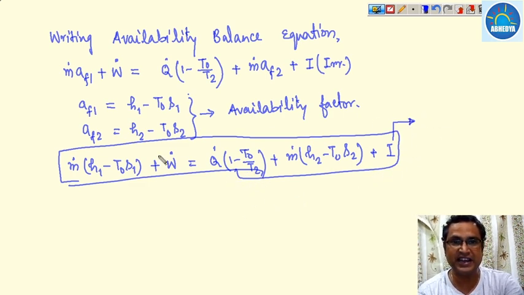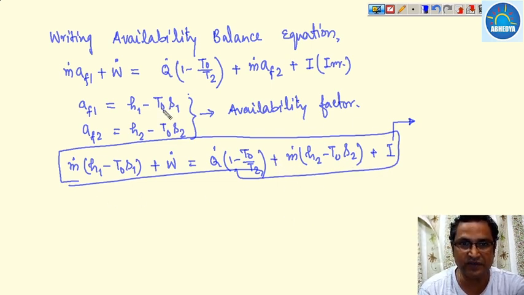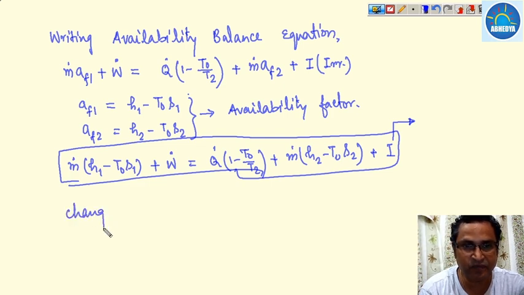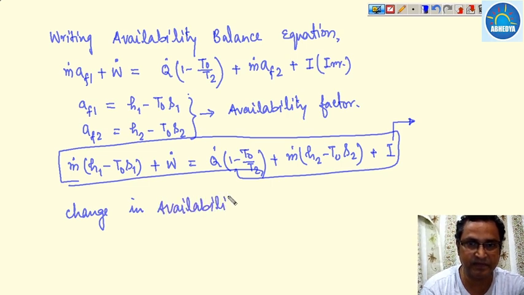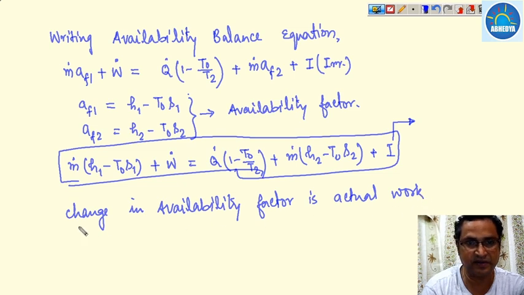Now we have to calculate the second law efficiency. In the second law efficiency, what we have to find is basically the change in availability factor, which is the actual work done.